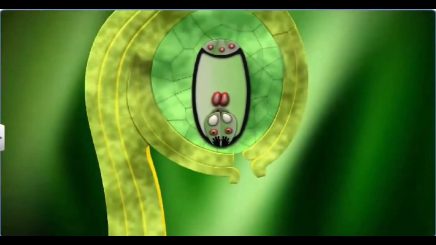In the nucellus of a mature ovule lies the embryo sac, the female gametophyte, which develops from a megaspore.